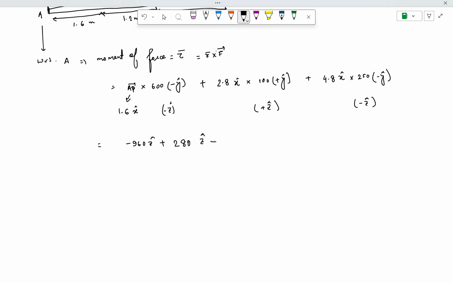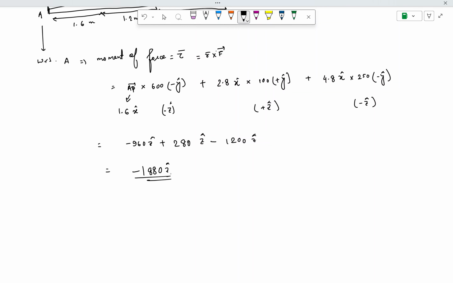Then again minus 4.8 into 250, which is minus 1200 z cap. So the net value will be minus 1200 minus 960 plus 280, which is minus 1880 z cap.